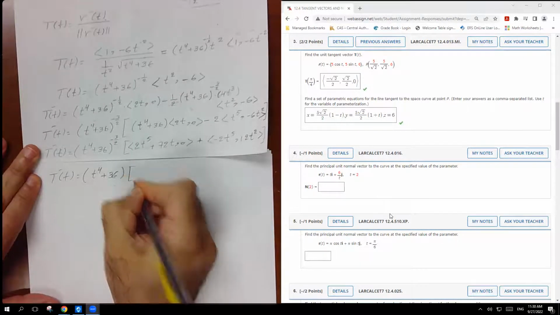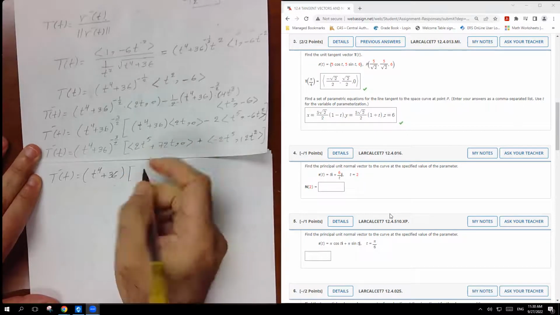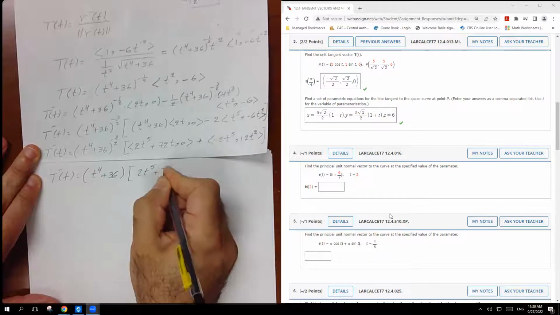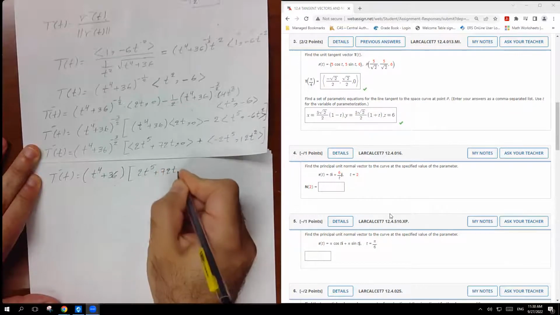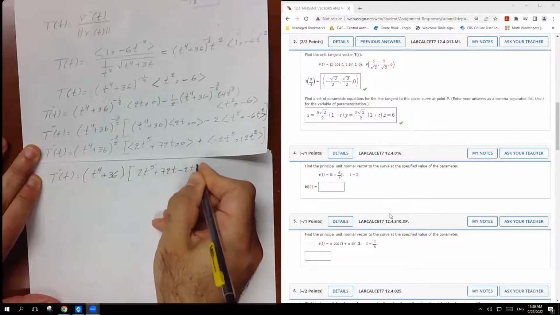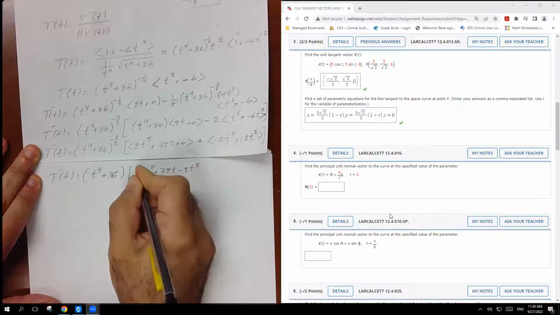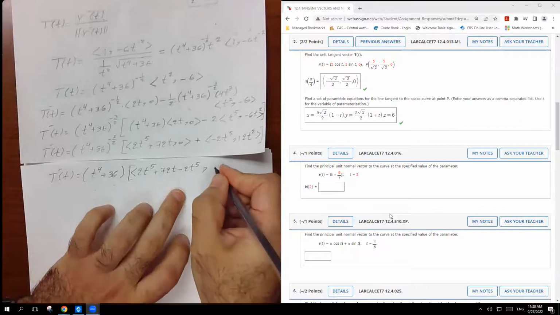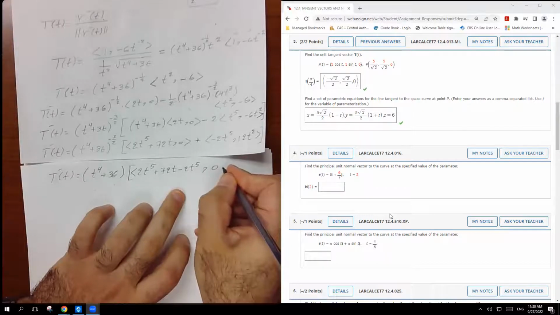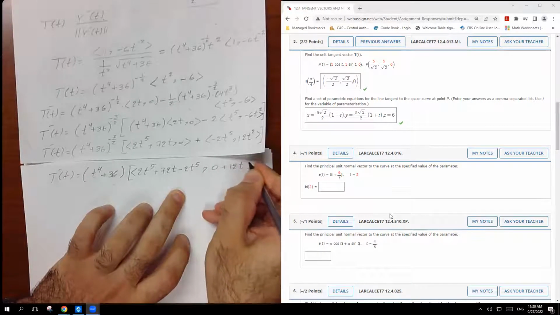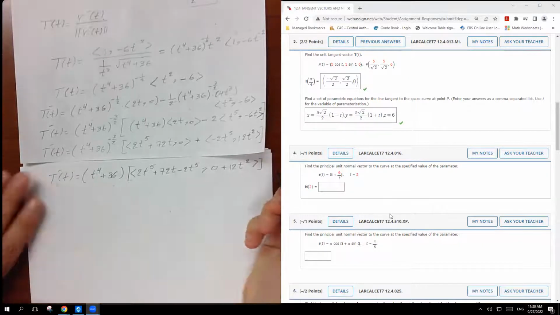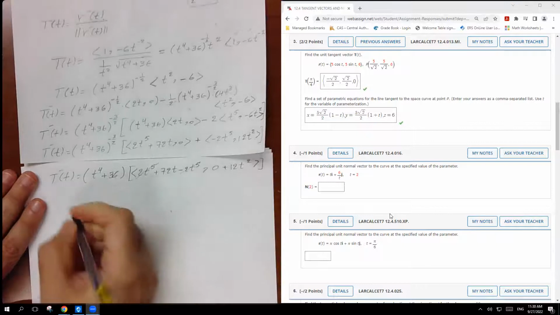And here, we're just going to simplify this one plus this one. So it's going to be 2t to the power 5 plus 72t minus 2t to the power 5. Okay. And the other one is going to be 0 plus 12t squared. That means this is canceled with this one.